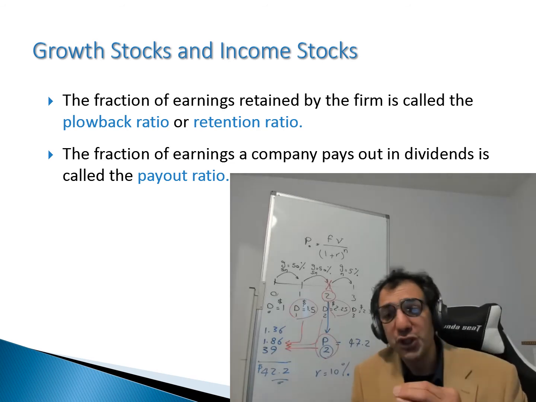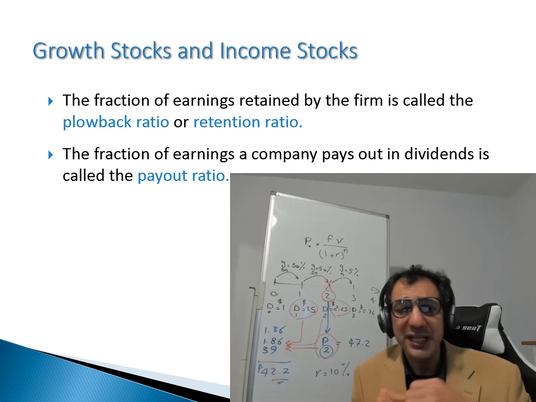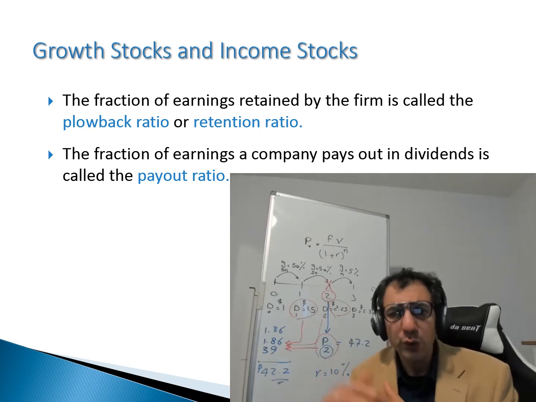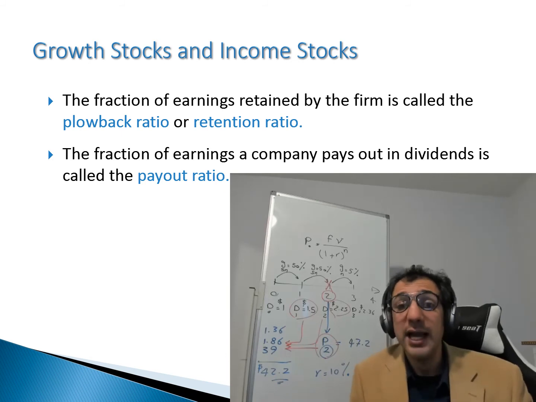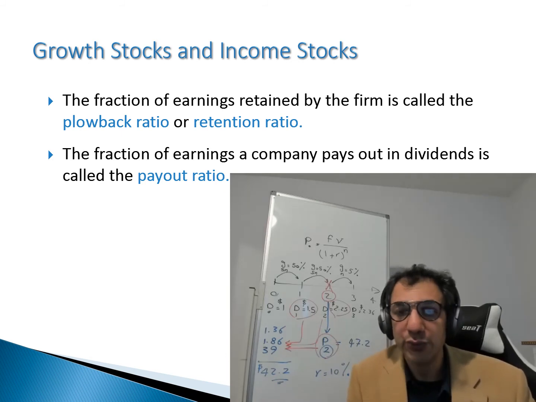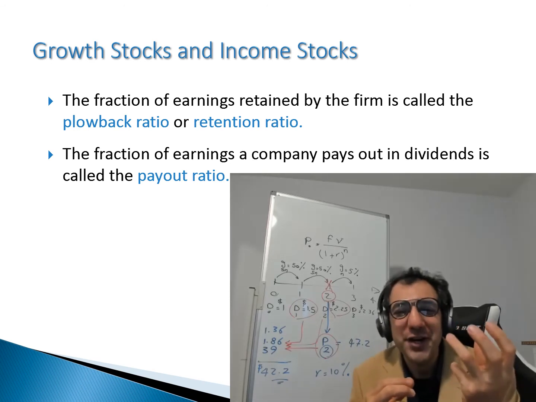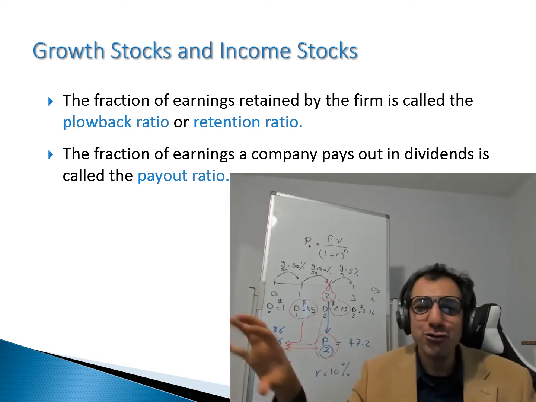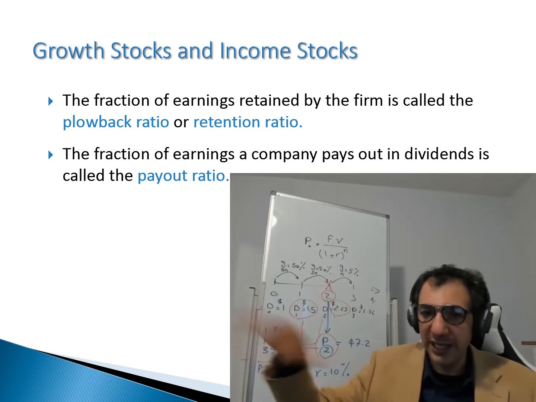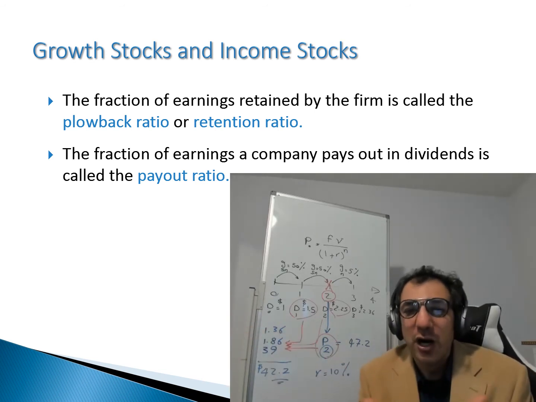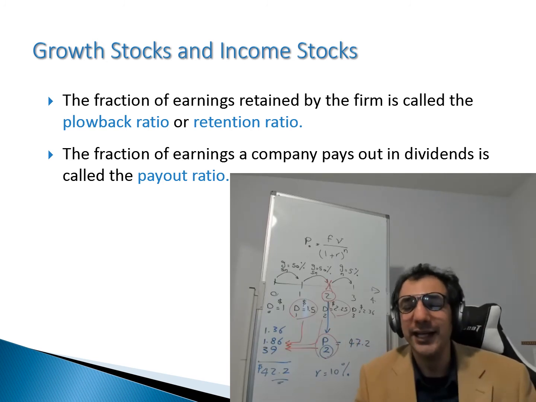The portion of earnings the company pays to its shareholders is called the payout ratio. So the payout ratio shows what percentage of earnings is paid out to investors. Whatever is left is called the retention or plowback ratio. The plowback ratio shows what percentage of the earnings remains in the company.